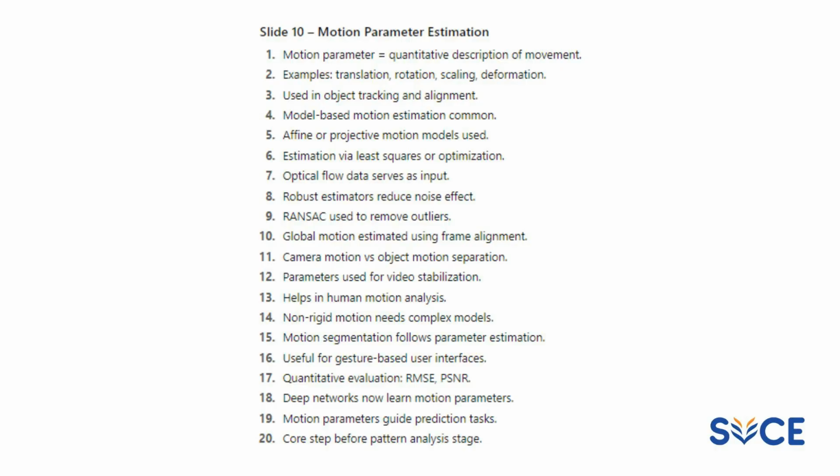So these are some of the topics we have seen in motion parameter estimation. The key points we have covered: the conceptual understanding, techniques, as well as advantages and challenges. Next, let's go for the next topic.